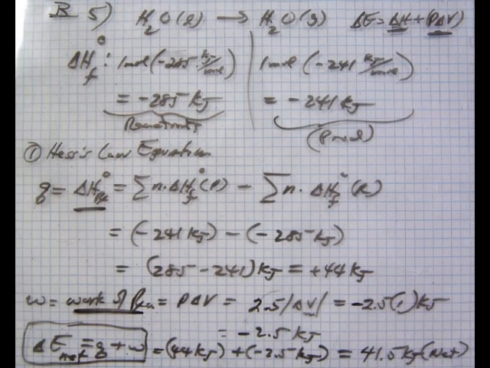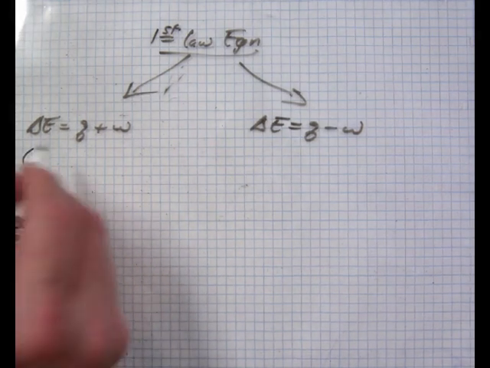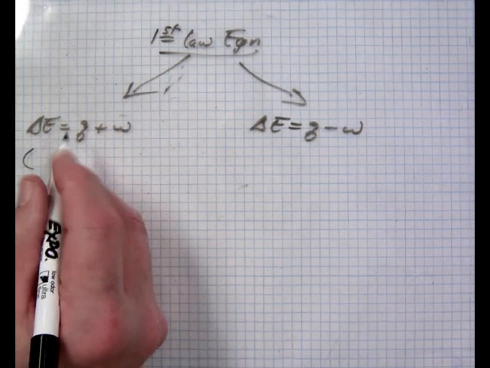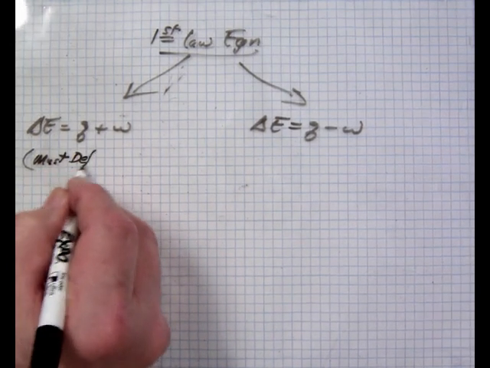Now, I showed you this, I think, last time. First law equation can be written in either form. The one that I just worked through with you is this one. Now, the difference in these two is you must interpret your work function in terms of exo and endothermic.